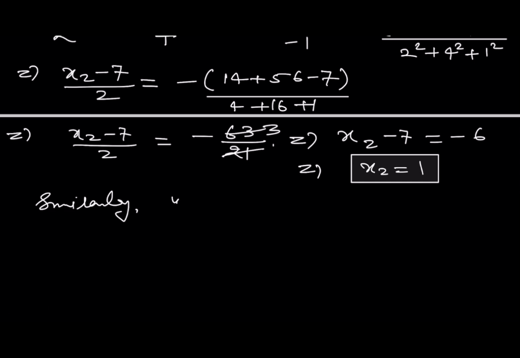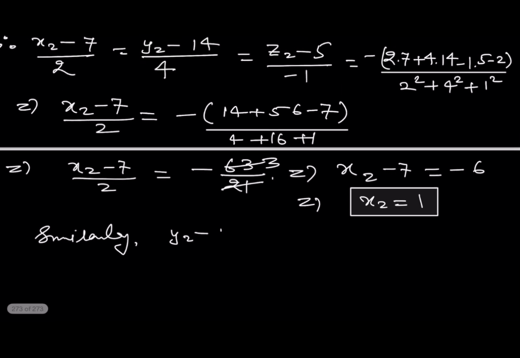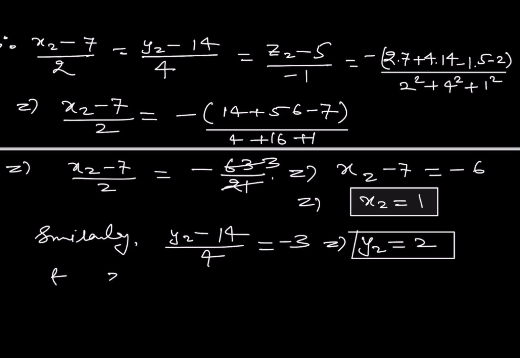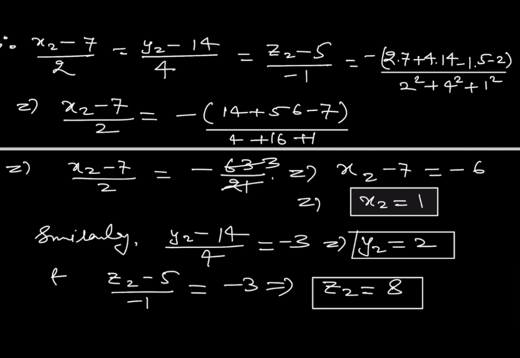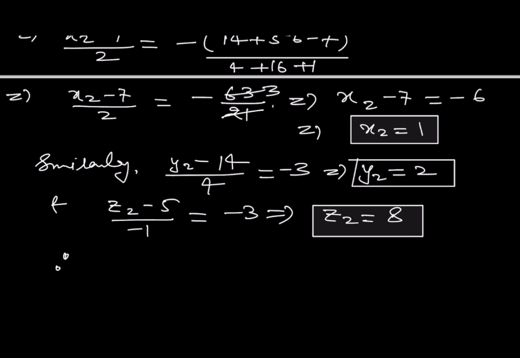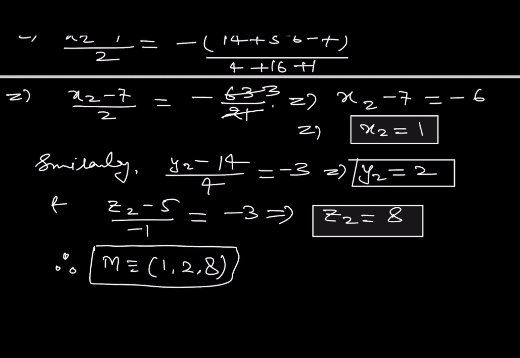Similarly, y2 minus 14 upon 4 is equal to minus 3, which implies y2 is equal to minus 12 plus 14, which is 2, and z2 minus 5 upon minus 1 is equal to minus 3. So z2 becomes 8, right? Therefore M becomes (1, 2, 8). So students, let's meet in the next video. Till then, bye bye, take care.